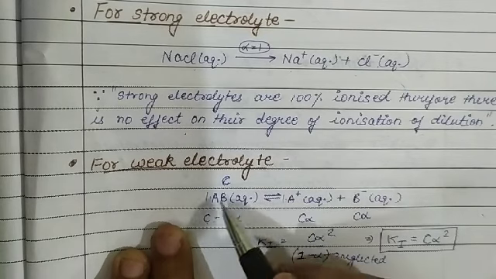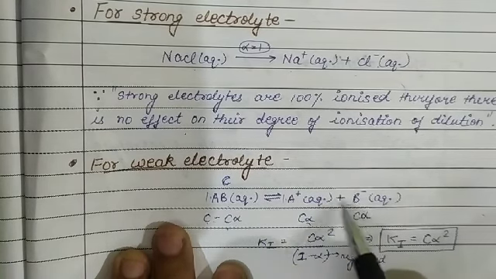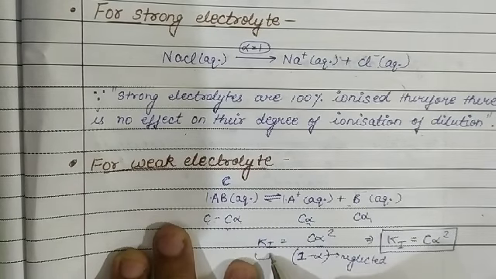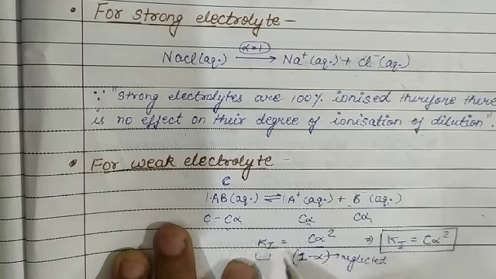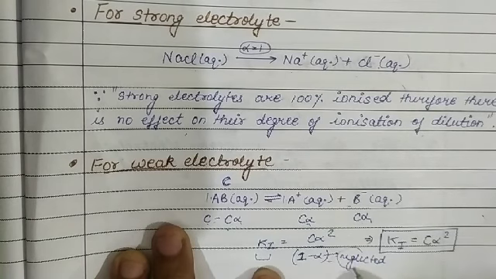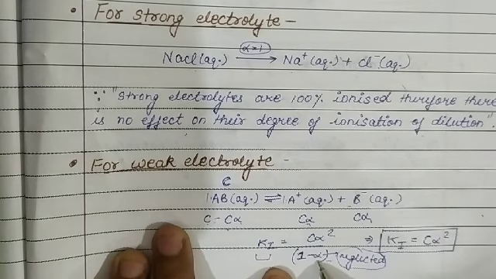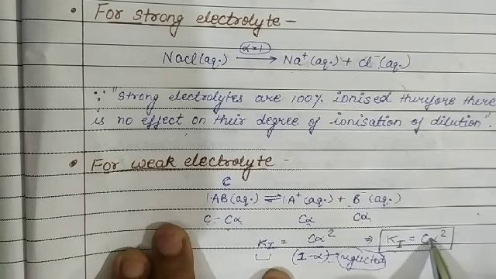As the ratio is 1:1, when A+ is C alpha, B- is also C alpha. Now the ionization constant is the concentration of A+, C alpha, times B-, C alpha, upon C minus C alpha, so it is C alpha square upon 1 minus alpha. Using the neglection method, as alpha is much less than 1, alpha can be neglected. Now the ionization constant is equal to C into alpha square.